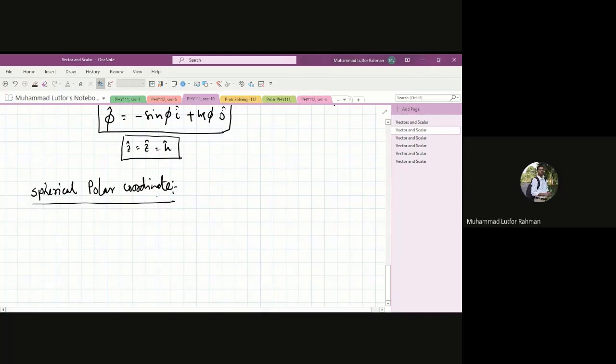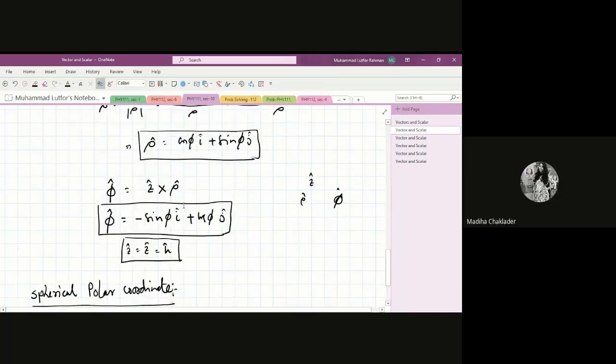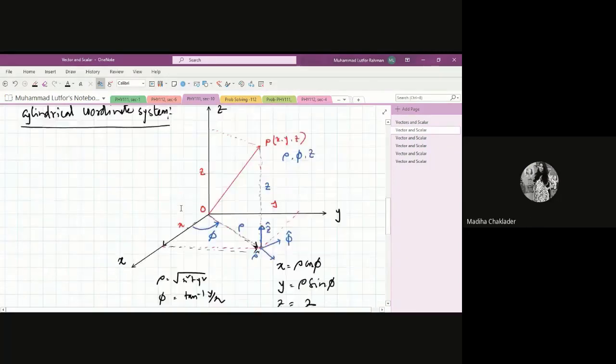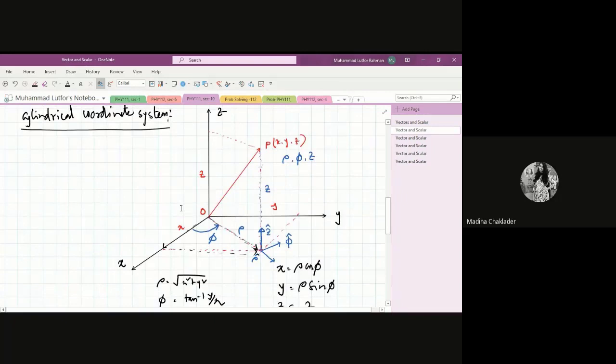Sir, I have one question. Sure, go ahead. Can you go up to the diagram? Yes, the Y. Did you write the Y? Yes, it's a Y. This projection is X, right?